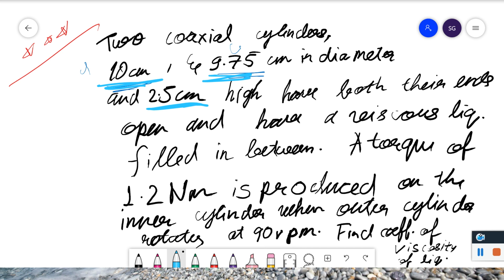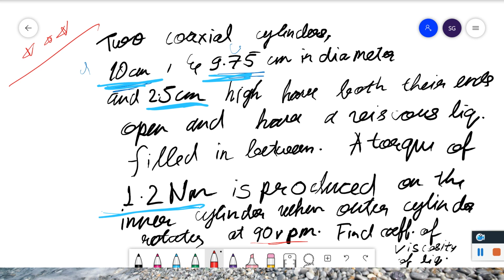Both have the same length, and the ends are open, and a viscous liquid is filled between them. Okay, a torque of 1.2 Nm is generated on the inner cylinder when the outer cylinder rotates at 90 rpm. Find the coefficient of viscosity of the liquid.